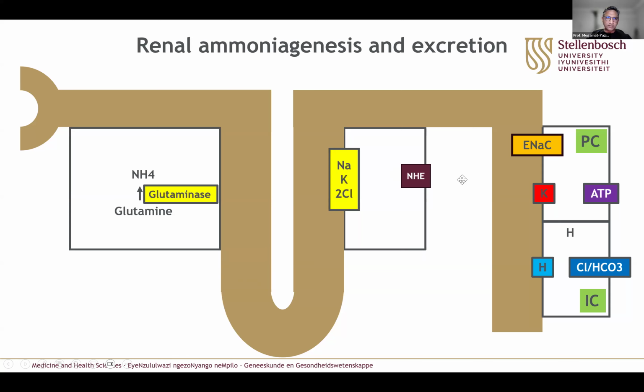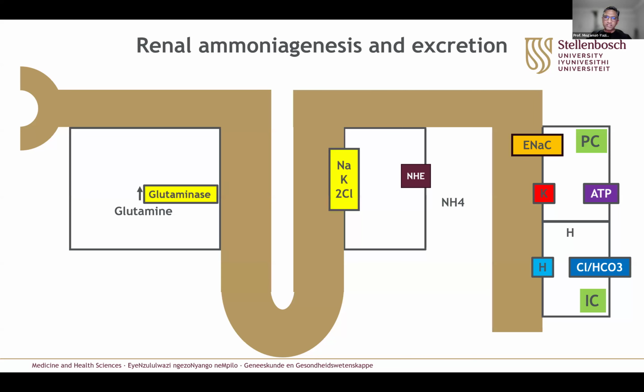I'm just going to show you that again. So glutamine, under the influence of glutaminase, converts glutamine into ammonium. The ammonium is secreted into the tubule, and it goes along, and at the thick ascending limb moves through the potassium component of the sodium potassium 2 chloride pump, and on the basolateral side is secreted into the interstitium of the kidney, the medulla specifically, by the sodium hydrogen ion exchanger.